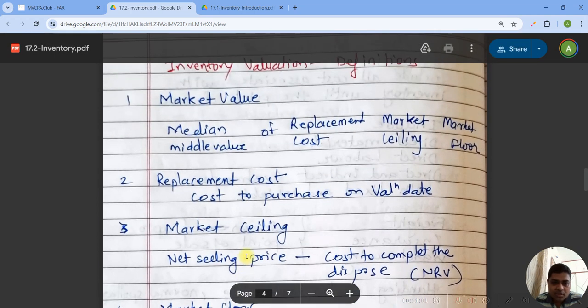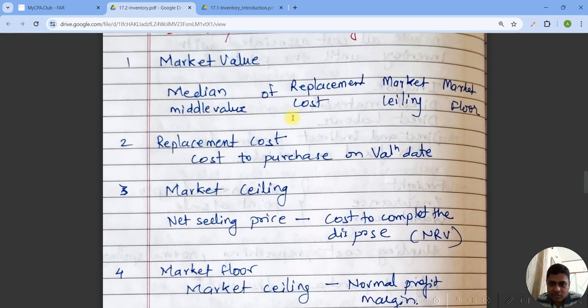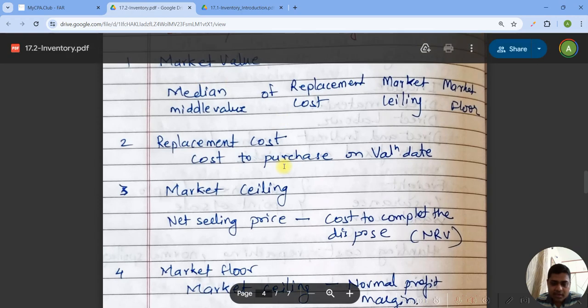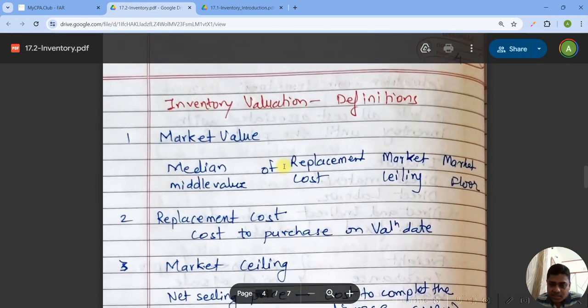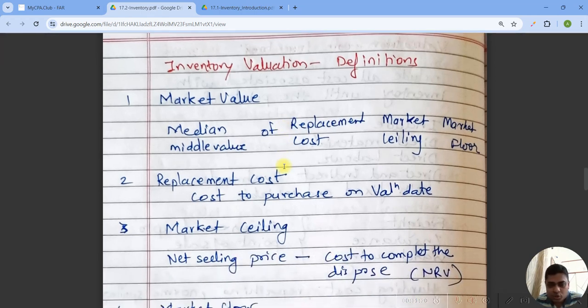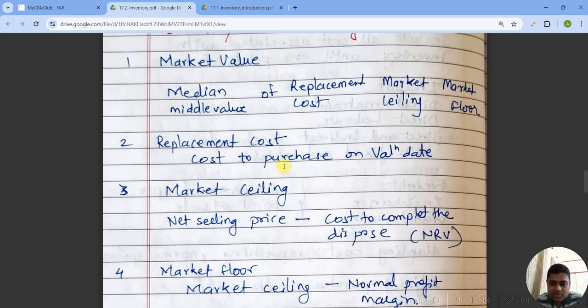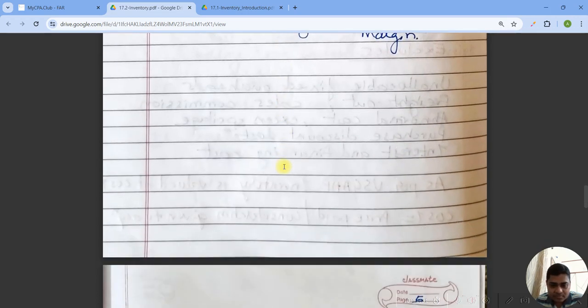These are the four terms and concepts you should know. Based on the replacement cost, market ceiling, and market floor, the median of that is the market value. There are questions asked in the CPA exam where you need to apply these concepts, so understand and remember them properly. Obviously, they are not very hard.